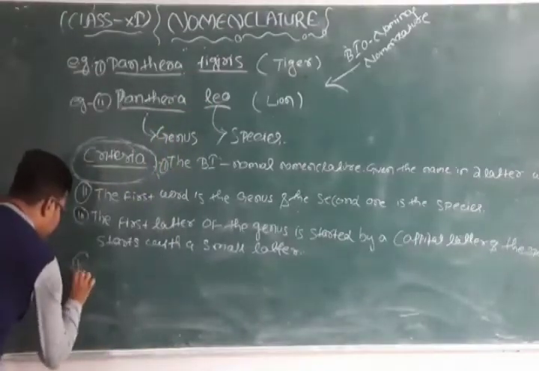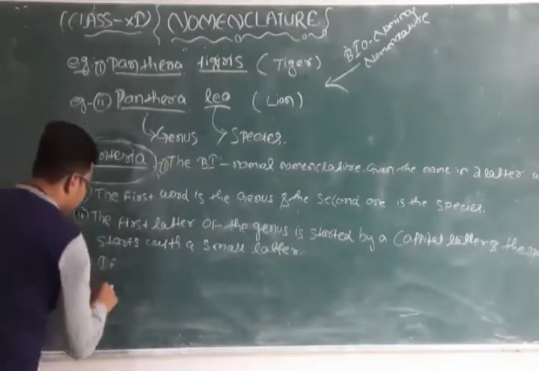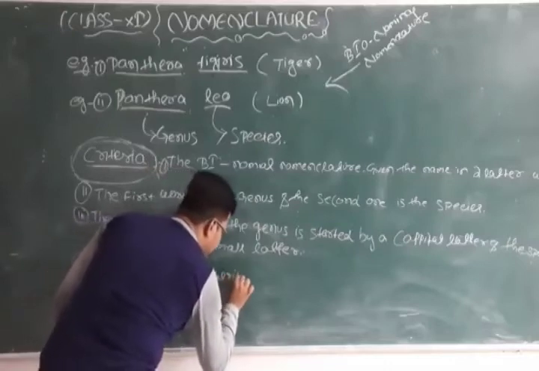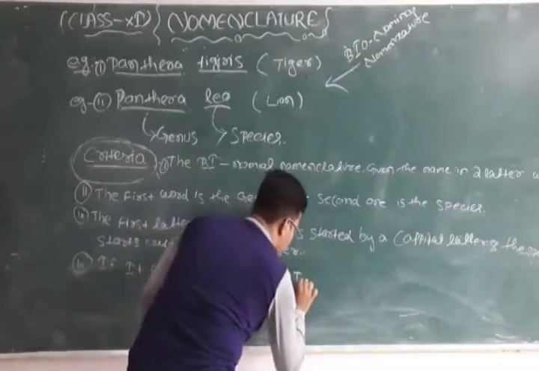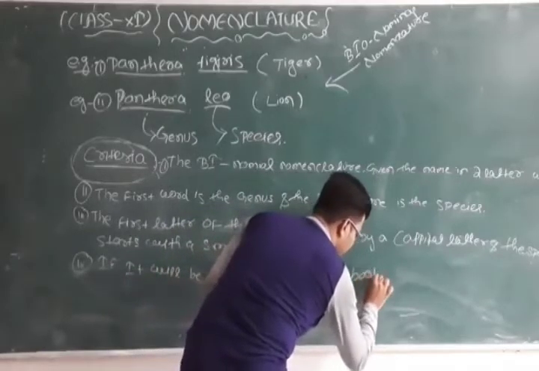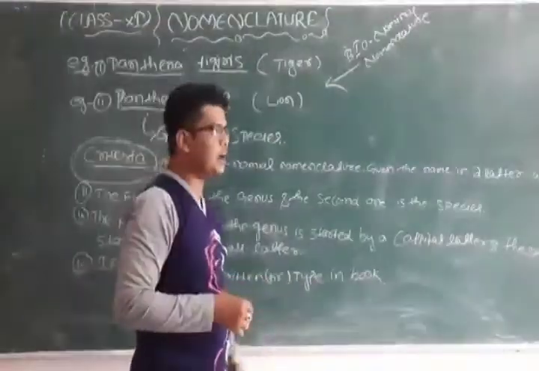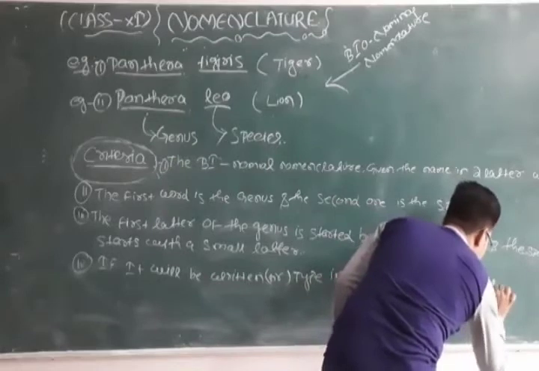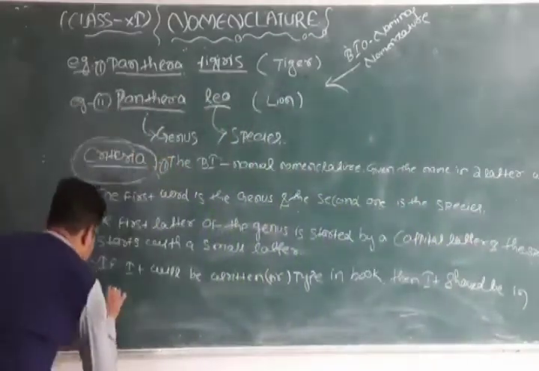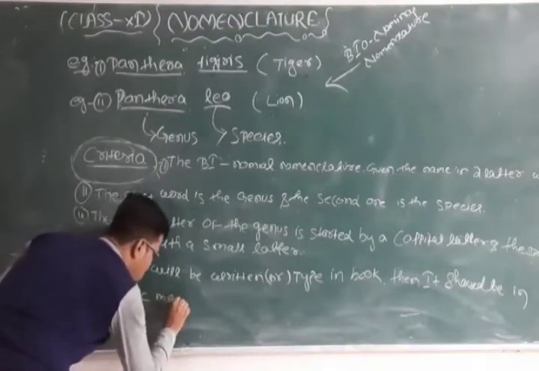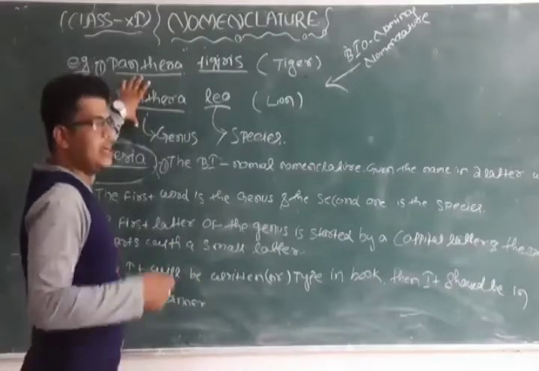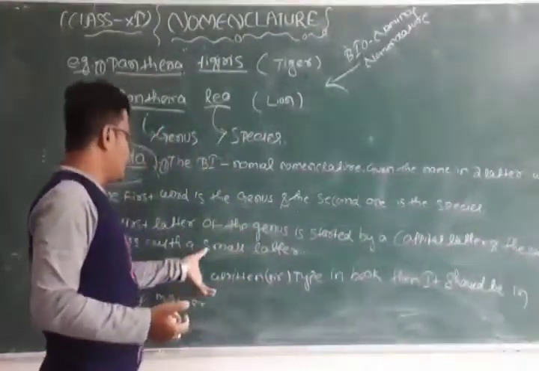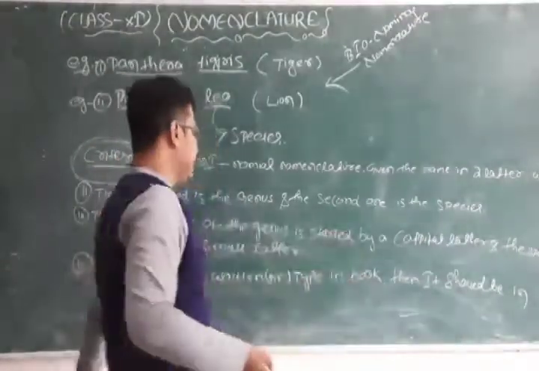The fourth criterion is: if it is written or typed in a book, then it should be in italic manner.